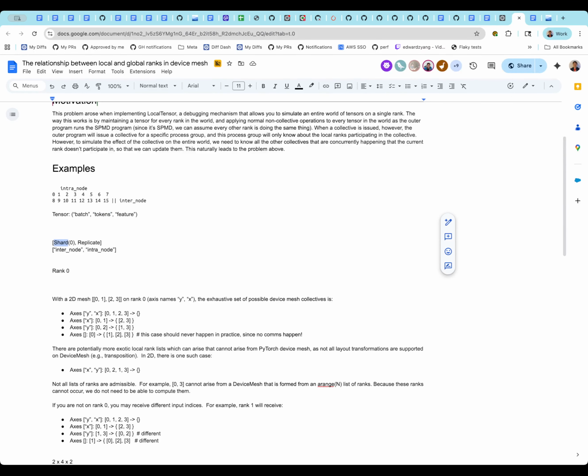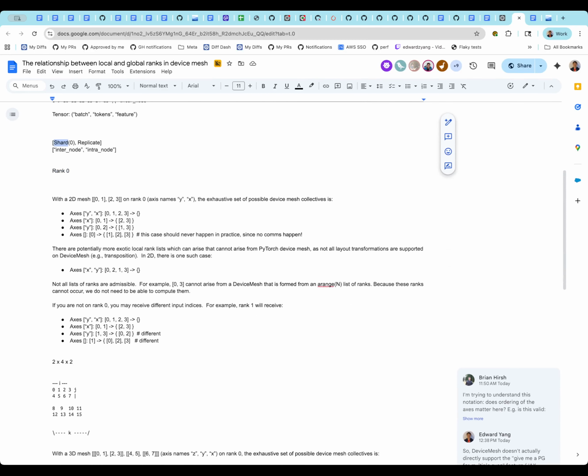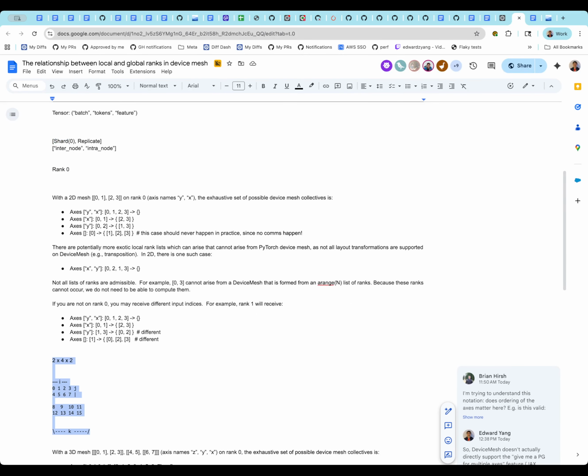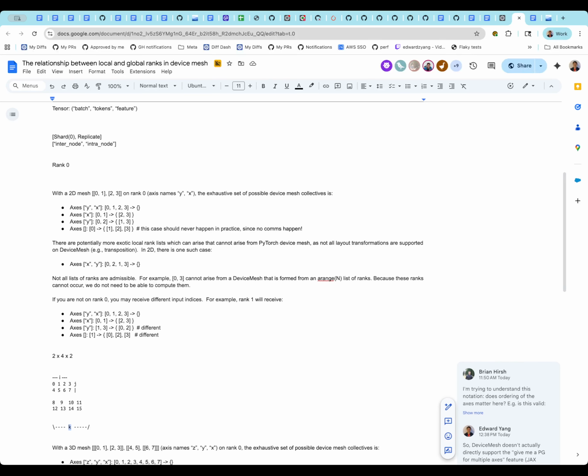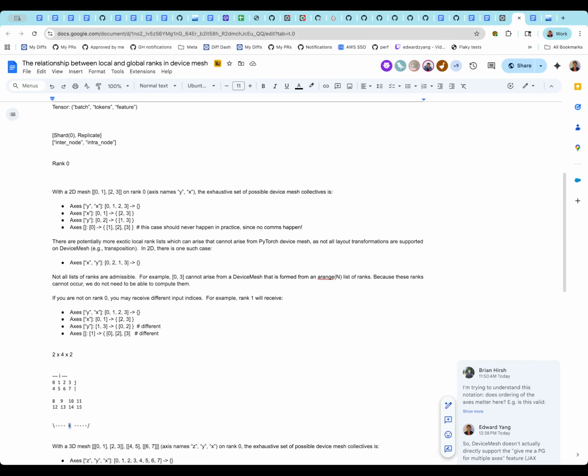You cannot do that. But what you can do is you can split the device mesh into a 3D device mesh. And now you can say, okay, well, K is going to be my data parallel shard on batch, and J will be my context parallel shard on tokens. You would never do this.